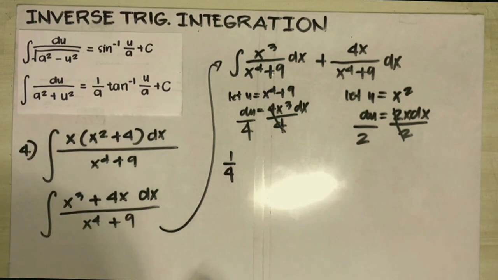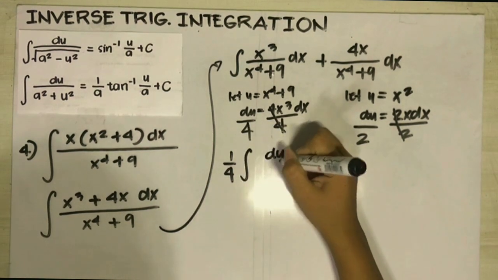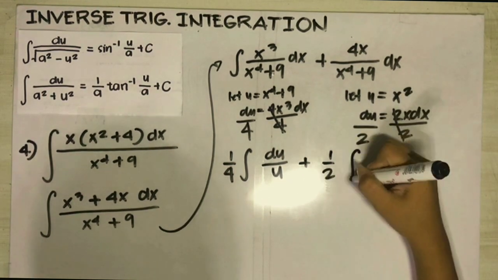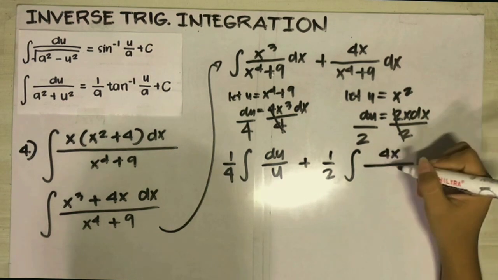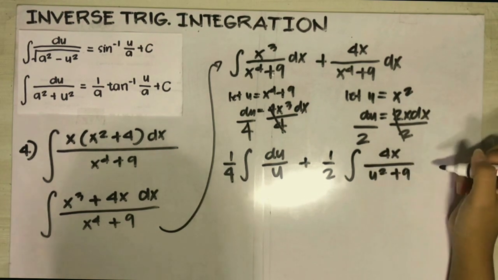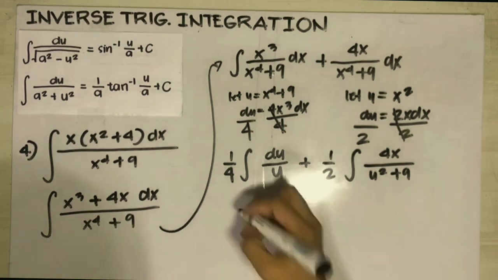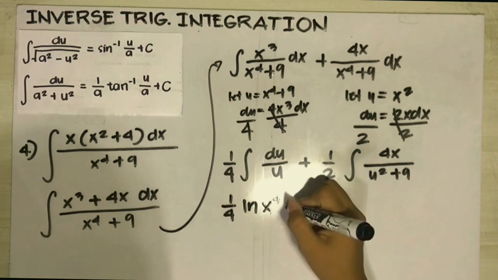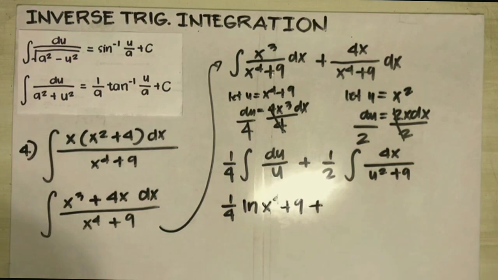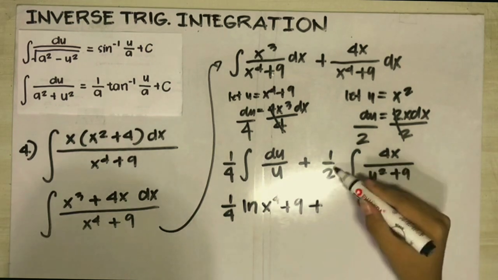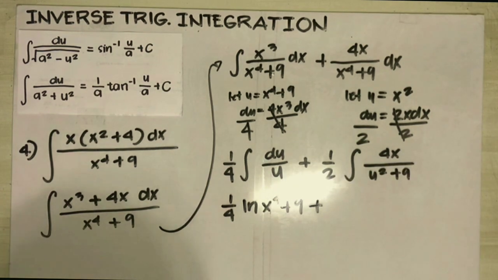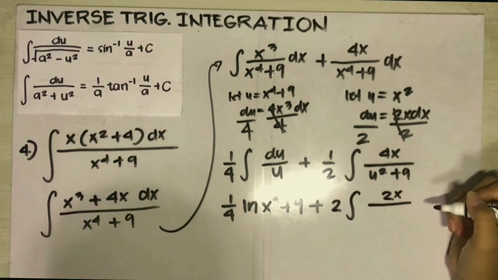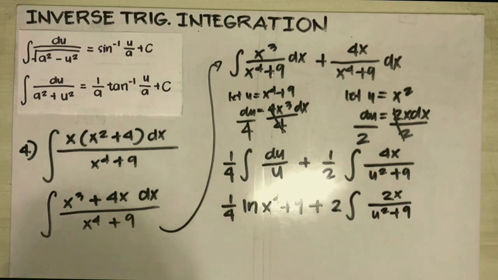So, 1/4 times the integral of du over u plus 1/2 times the integral of 4x over u squared plus 9. Then, this is now 1/4 ln of x to the 4th power plus 9 plus, here we can apply the formula of inverse trigonometric function, 2 times the integral of 2x over u squared plus 9.